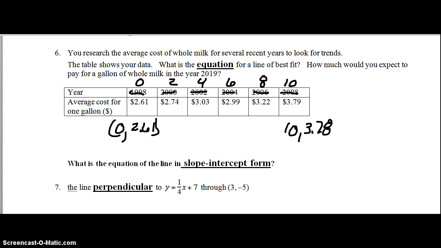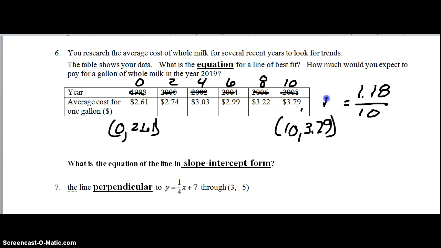And I think when we did this in class, we found out that we're first going to subtract these coordinates to find the slope, because that's what you automatically do when you get 2 points. So 3.79 minus 2.61, I think, was 1.18, and 10 minus 0 is 10.